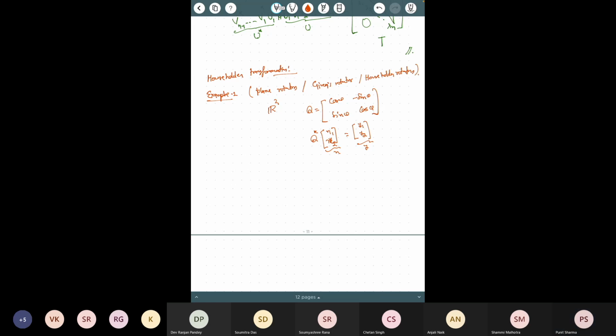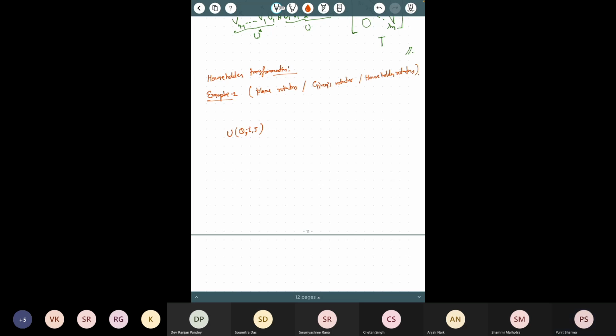But you can generalize this idea and similarly define this rotation for n-dimensional space also. So let me define this in general by using the same idea. This is the notation I will use. It is the rotation through an angle theta in the ij coordinate plane.